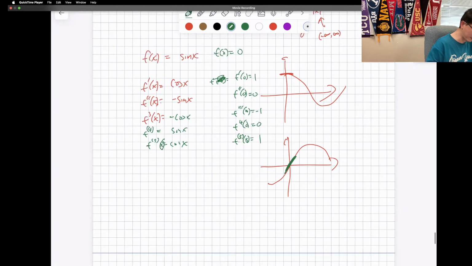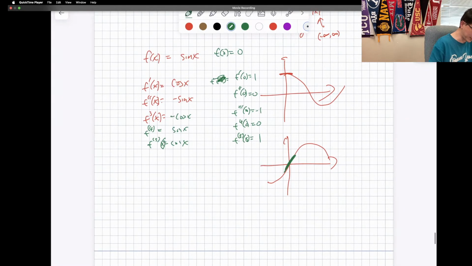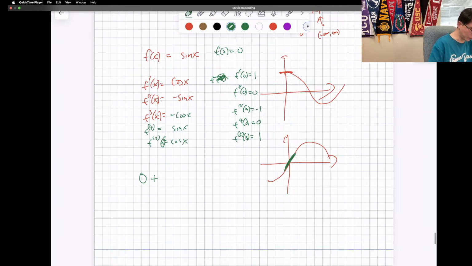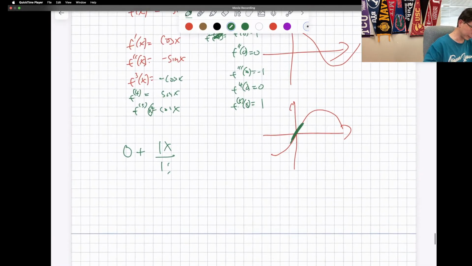So let's write out. The first term is going to be 0, right? Plus 1x to the 1 over 1 factorial. Is that okay?